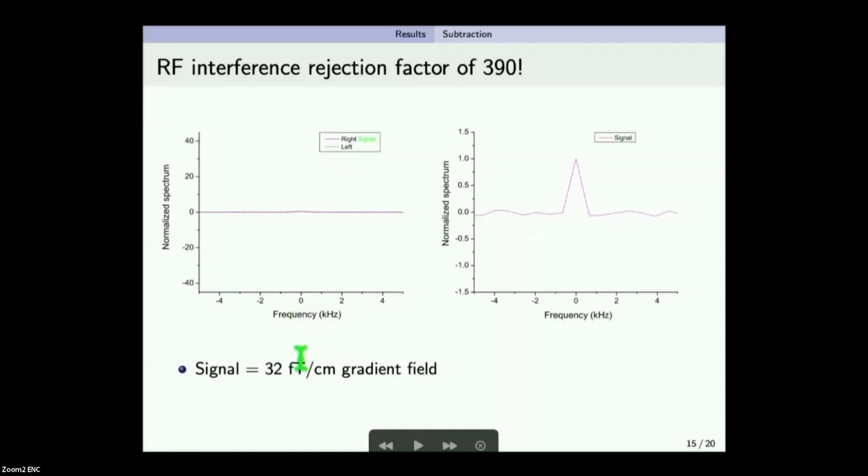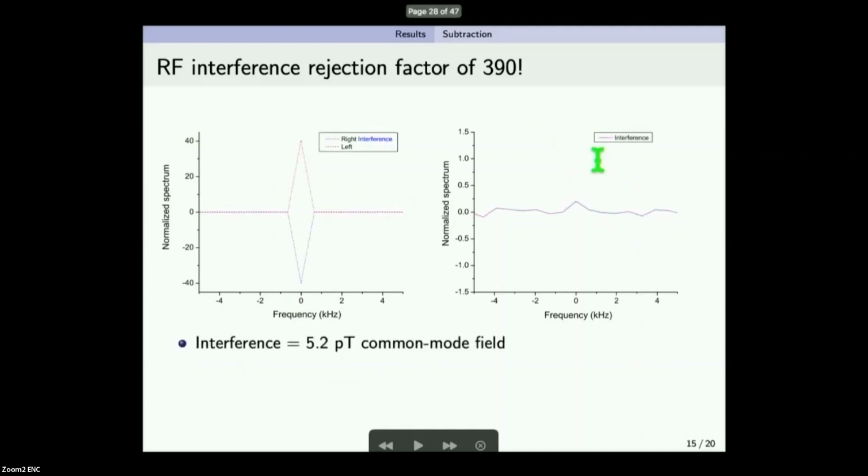So this is just a gradient signal being applied first, and everything is normalized to this signal. So the units here are 1, and I left the scale here to show the noise later, but you can barely see it, but they add up to 1 with this very small signal. When you throw on the interference, this is almost 100 times bigger signal or interference.